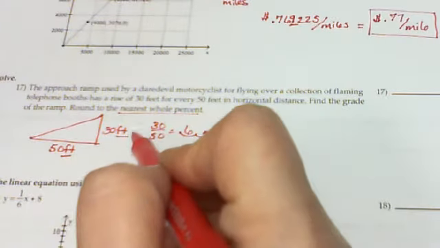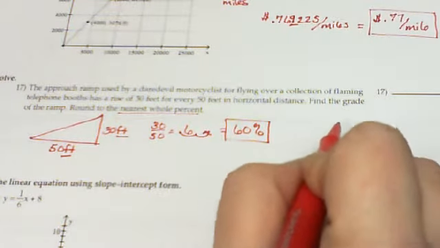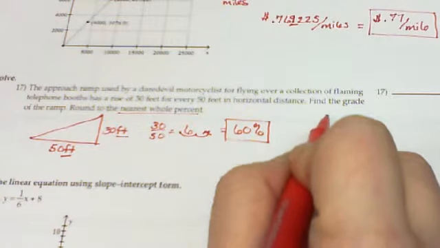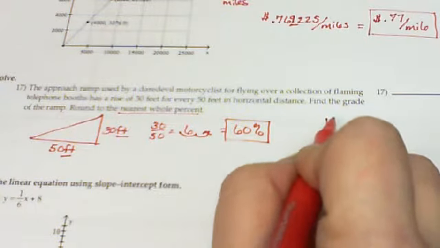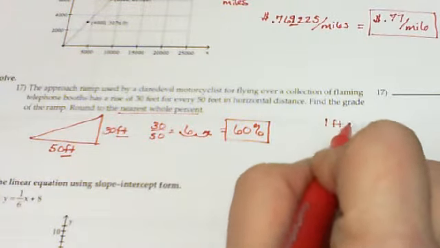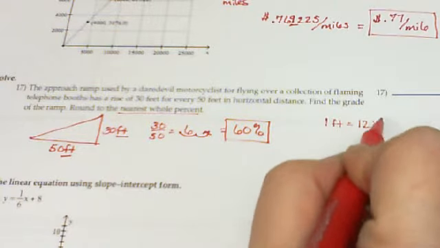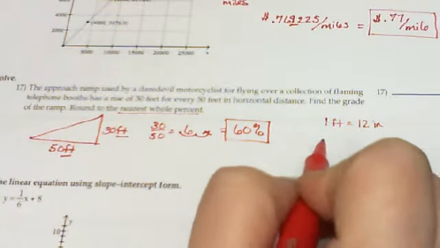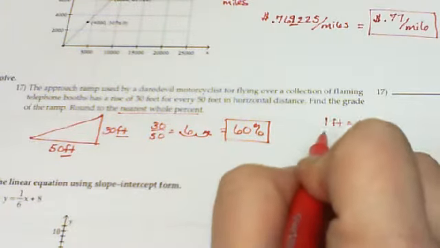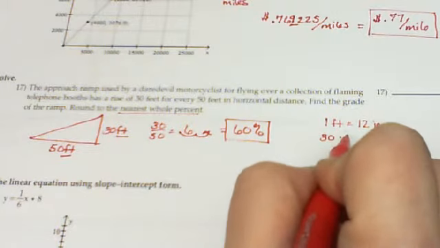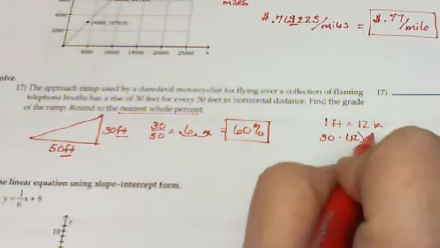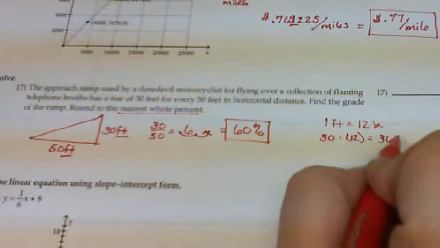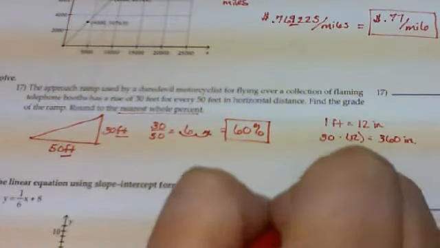So when you have to change your feet to inches, just understand that you need to change your feet by saying 1 foot is equal to 12 inches. So if they, for example, tell you 30 feet, you say 30 times 12 is going to equal 360 inches.